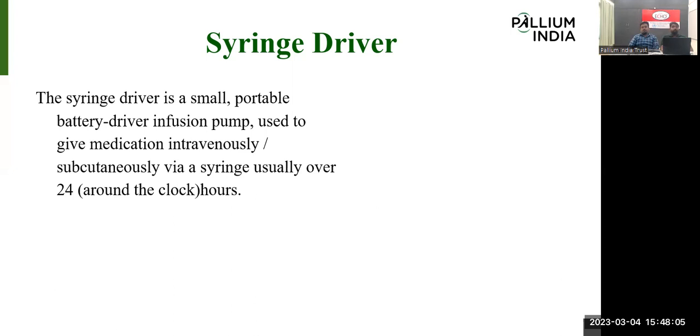With the per hour setting syringe driver, maximum 24 hours we can give the infusion. But with the per 24-hour setting syringe driver, from minimum 24 hours to maximum 48 hours, 72 hours, some more, 2, 3, 4 days we can give the infusions.